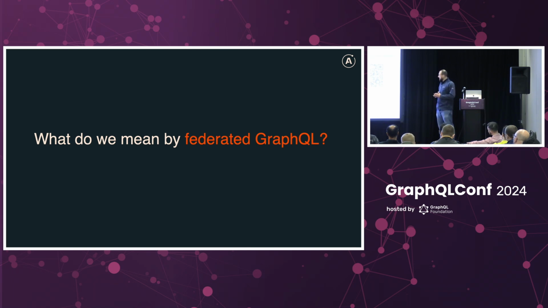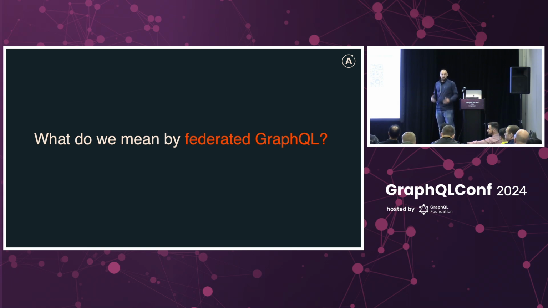So as part of the composite schemas working group, a number of us got together, I would say, slightly over a year ago. Our intention was to come to a shared understanding of a standard for federated GraphQL.